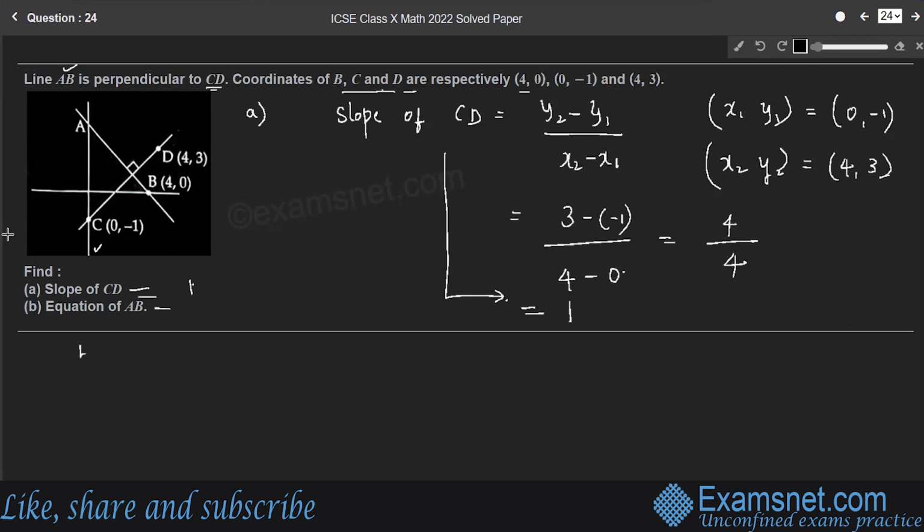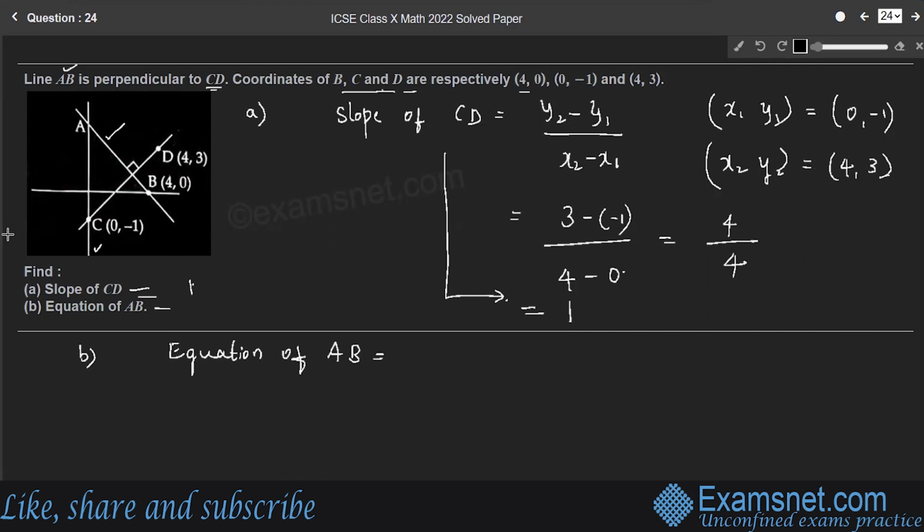Now consider the second part, part B. The equation of AB. So the formula says the equation of line AB.